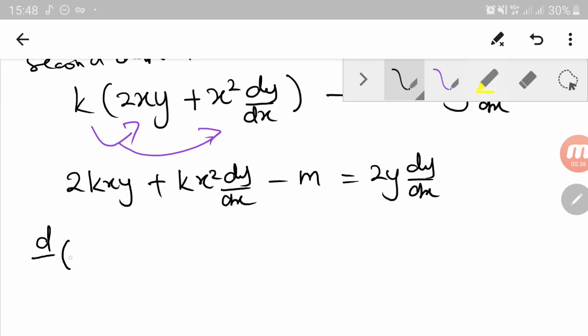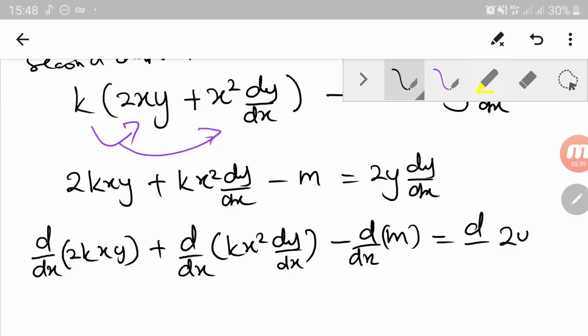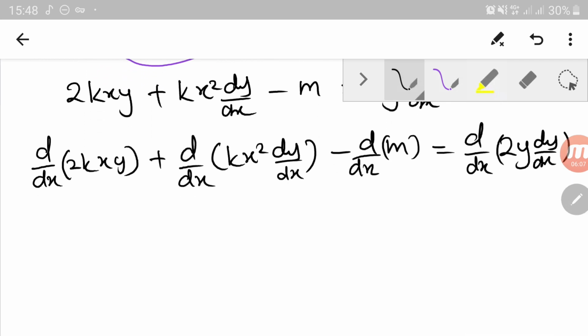Now differentiate 2kxy with respect to x, plus differentiate kx squared dy/dx with respect to x, minus differentiate m with respect to x, equals differentiate 2y dy/dx with respect to x. Now 2, k and m are constants, so we can take them outside. For m there is no need.